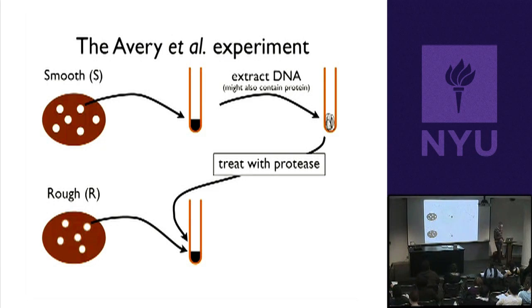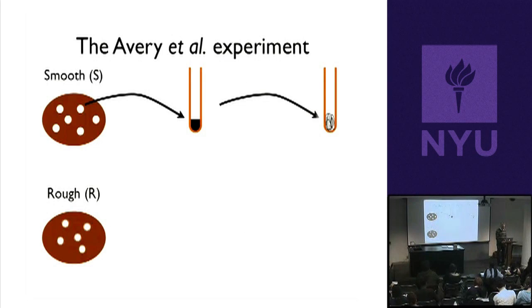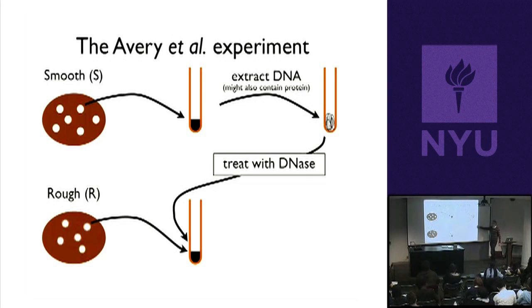So they take this mixture, they treat it with a protease to get rid of the protein so that all that's left is DNA, mix it with the rough cells, plate it out, and you still get the smooth cells. Okay? But the real kicker is when they do the experiment, they extract the DNA and they add DNase. When they add DNase first to this mixture, destroying the DNA in this sample, mix it with the rough cells, they don't get any smooth cells anymore.